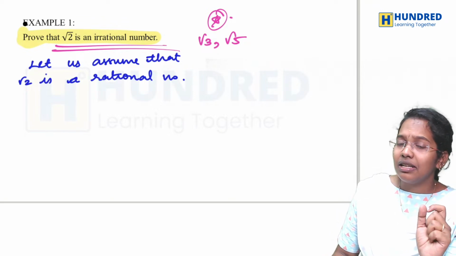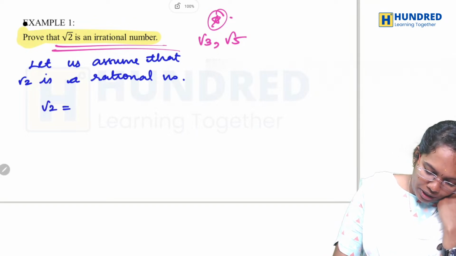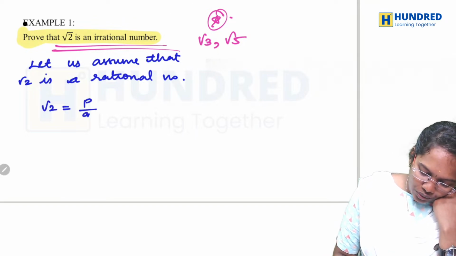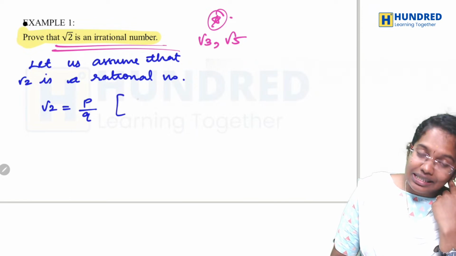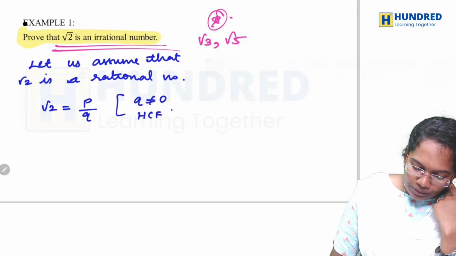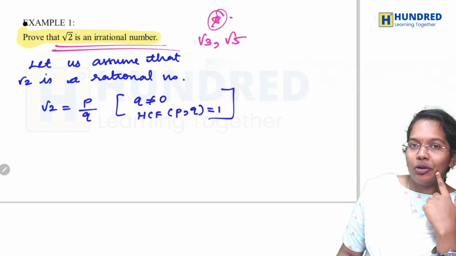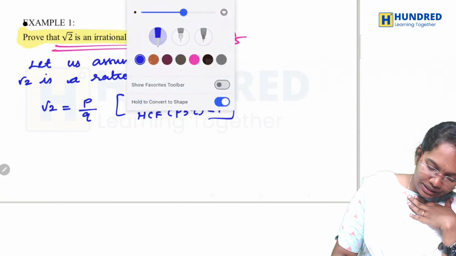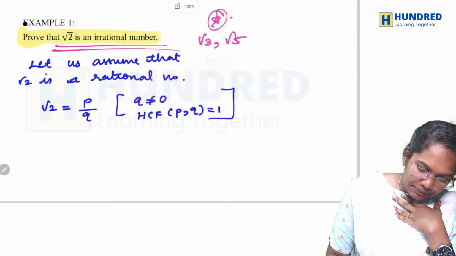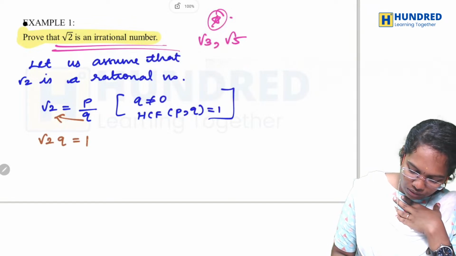If it is a rational number, then root 2 will be of the form p by q, where q should not be equal to 0, and HCF of p and q should be equal to 1. These are the things to be followed, right? Now I'm simply taking q to the other side, so root 2 into q is equal to p.